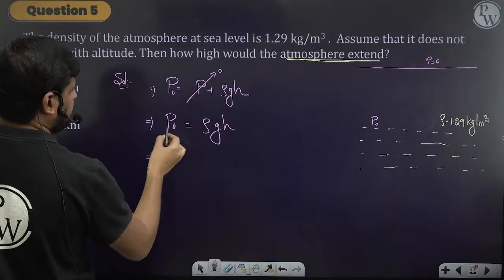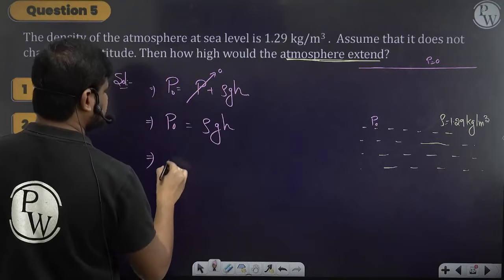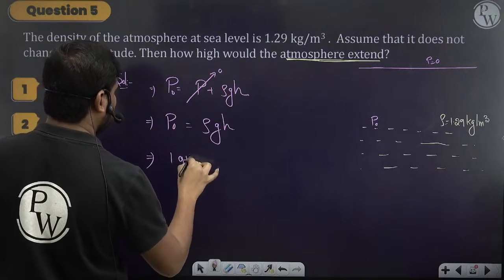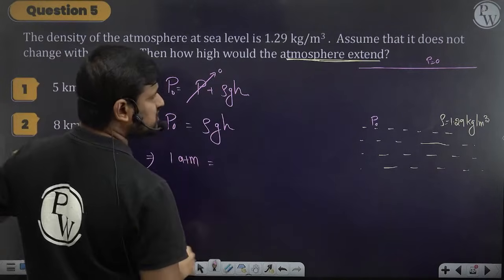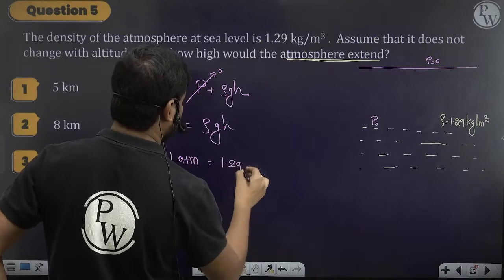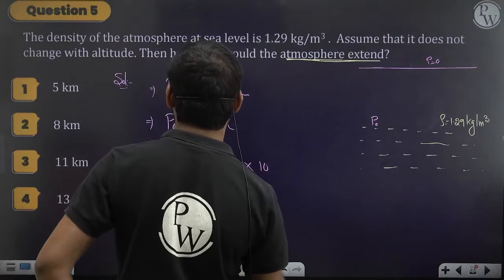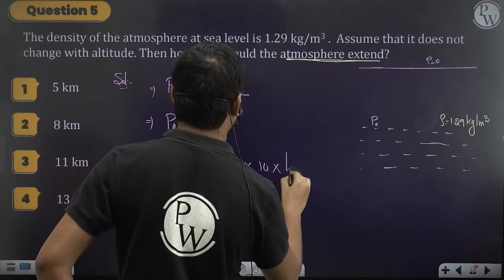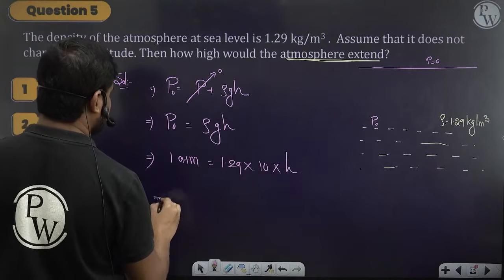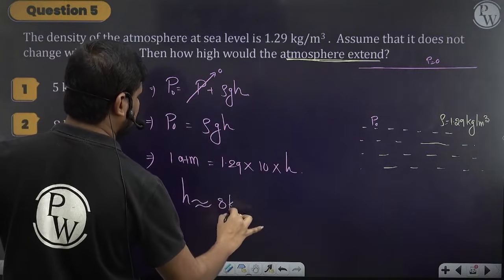What is this P naught? The atmospheric pressure, which we take as 1 atm. So rho is 1.29 and g is 10, into h. If you calculate this h, it comes out to be approximately 8 kilometers.